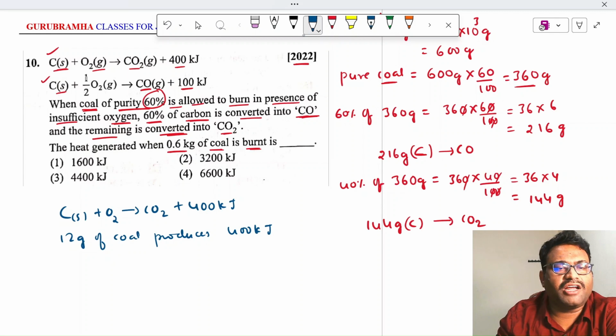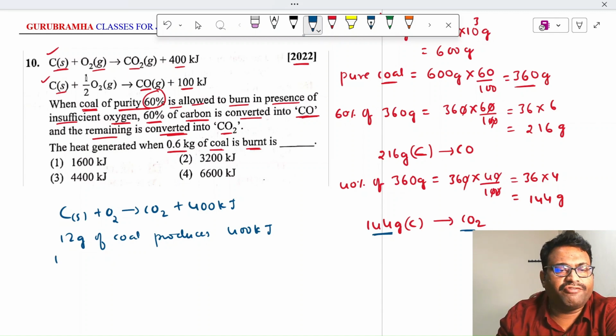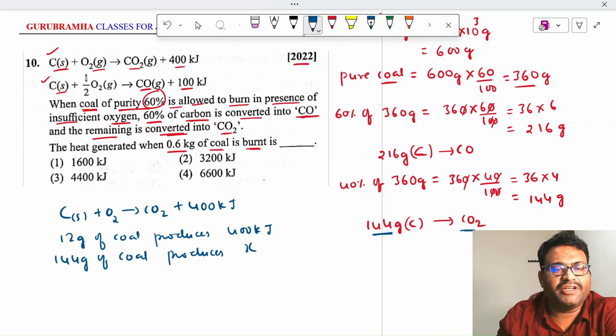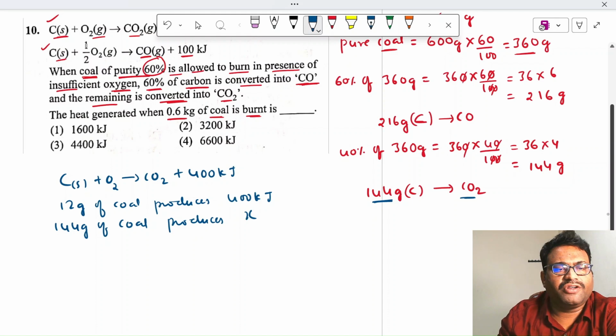So how much carbon is converted into carbon dioxide actually? Here given, see, 144 grams of coal produces, let us take X kilojoule per mole. How do we calculate X?